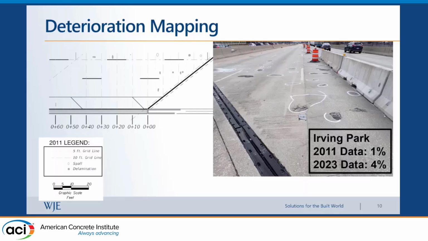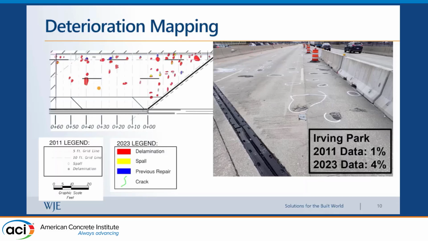So in 2011, there wasn't that much damage, so they are shown in gray here. But when we went back in 2023, the delamination and the spalls have increased a lot. So you can see how much the damage has increased over those 12 years between the two investigations.